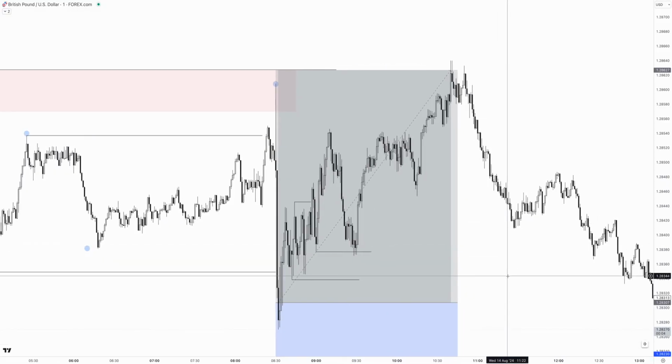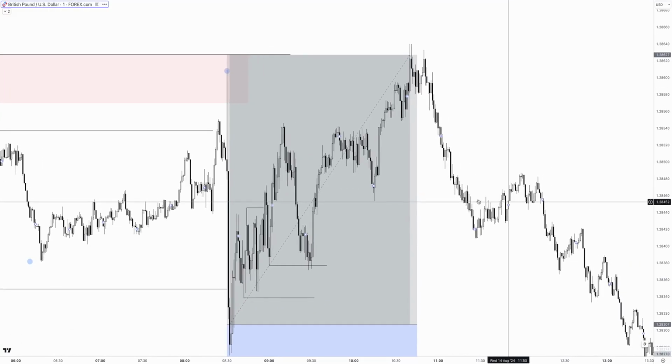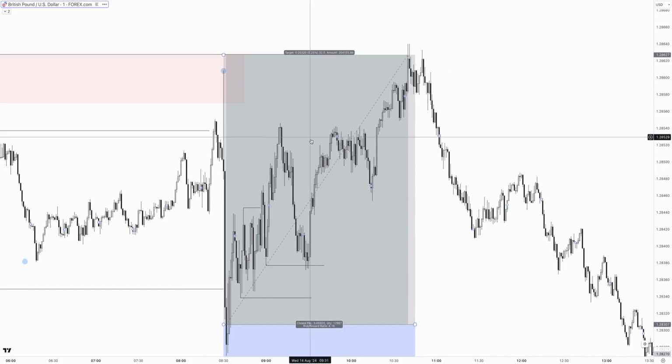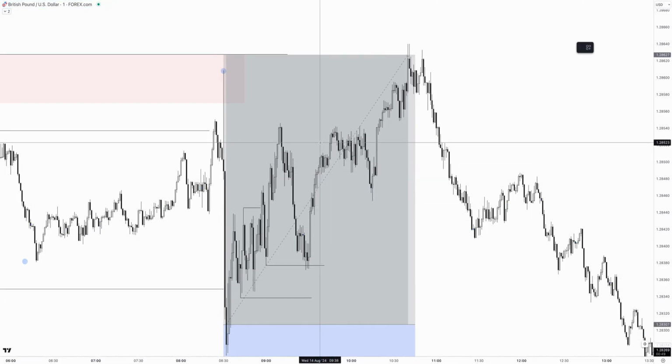Okay, so I've seen a couple things on the 1 minute time frame. I've seen the market print to this high, print to this low, and then move higher. You can say this is your BOS to the upside.